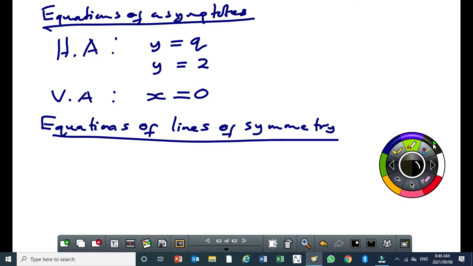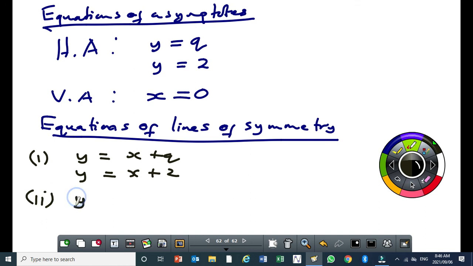Remember, the two equations that I gave you, the first one with the positive gradient, is y equal to x plus q. Therefore, for our question here, it will be y equal to x plus 2. One with a negative gradient, y equal to minus x plus q. For this question, it will be y equal to minus x plus 2.